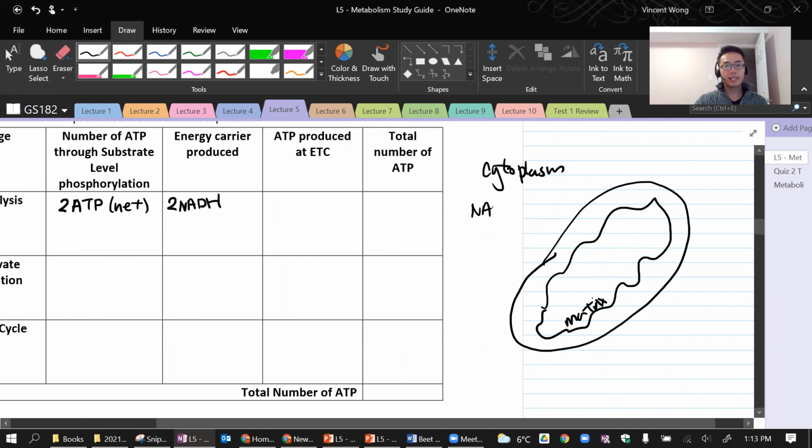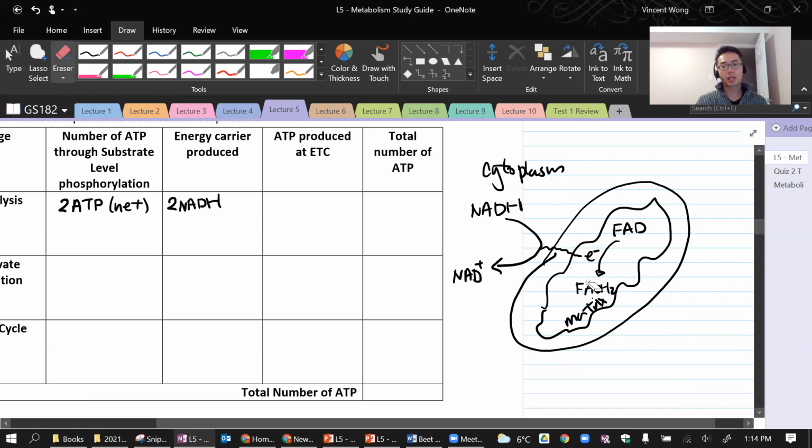The NADH that we produce in glycolysis actually cannot go into the matrix. So what happens is they will just change back to NAD plus, and then they will pass the electron to FAD that is in the matrix, and that's going to become FADH2.